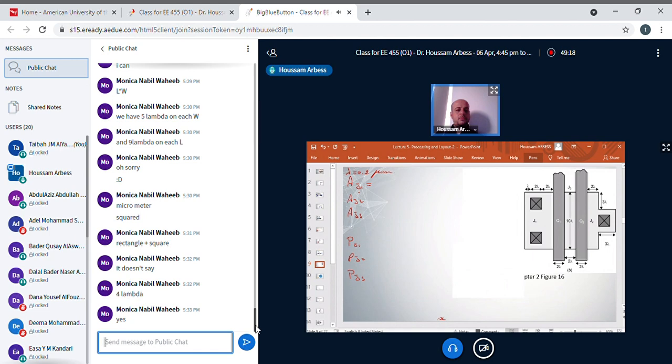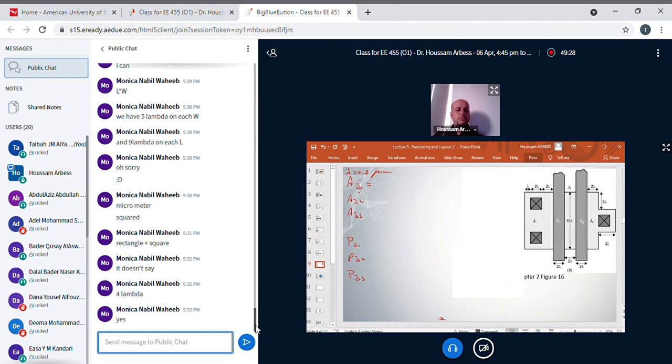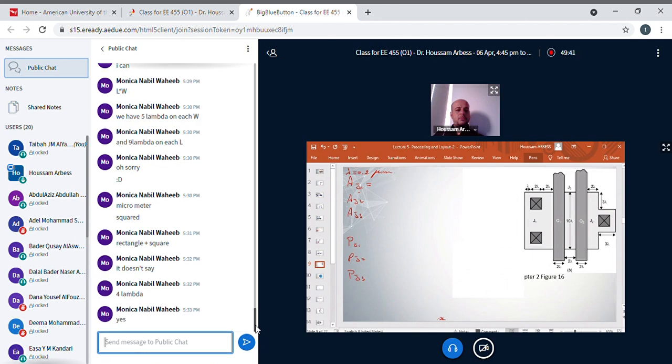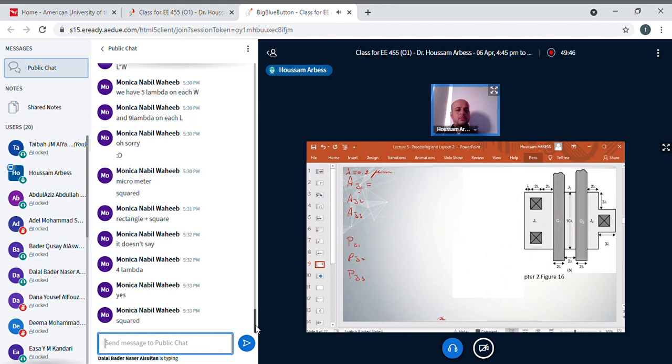No, it's not correct. There is a mistake here. Where is the mistake? So here it's 20 lambda squared plus 12 lambda squared. It's lambda multiplied by lambda, it's lambda squared. You have to pay attention to this point.